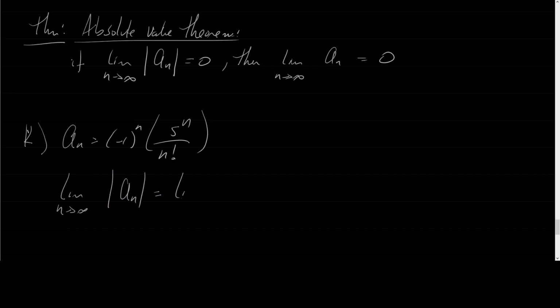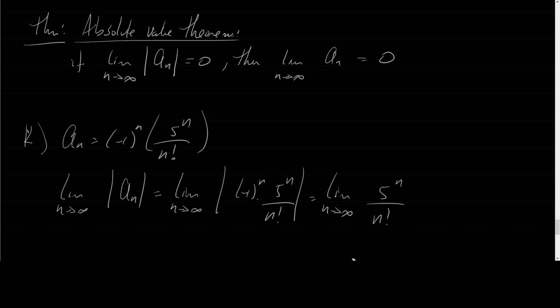In this case, that would be the limit as n goes to infinity of the absolute value of negative 1 to the n times 5 to the n over n factorial, which would give us the limit as n goes to infinity of, well, the absolute value of negative 1 to the n is just positive 1. So I just have 5 to the n over n factorial. Notice I got rid of the absolute values because 5 to a power, it doesn't matter what the power is, that numerator is always going to be positive. N factorial, always positive because it's just defined for positive values. So this is all positive.